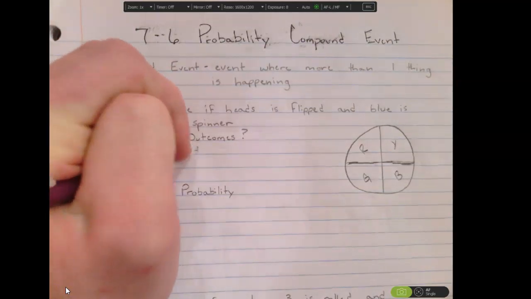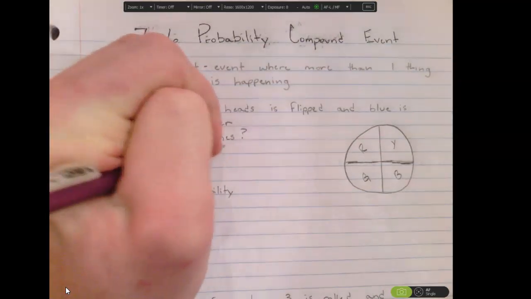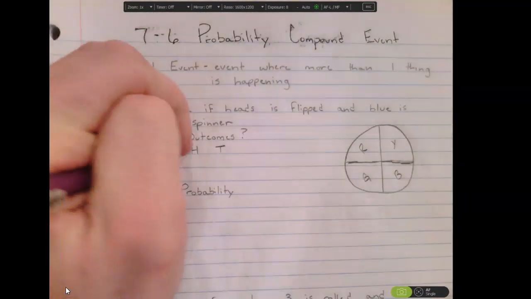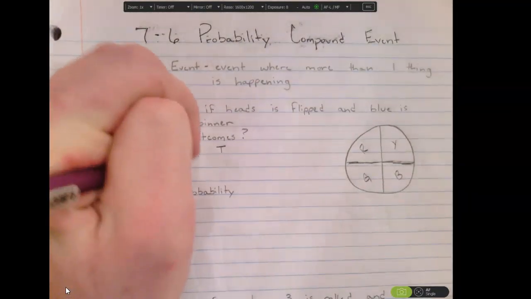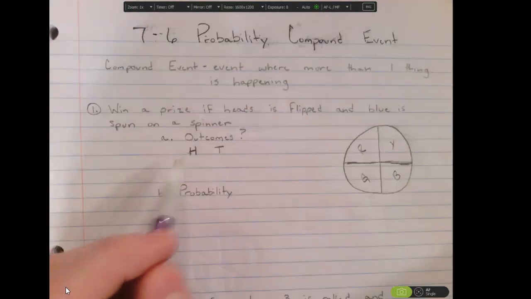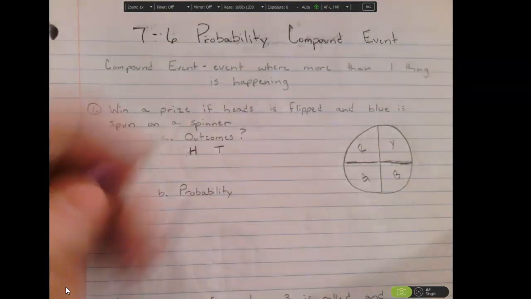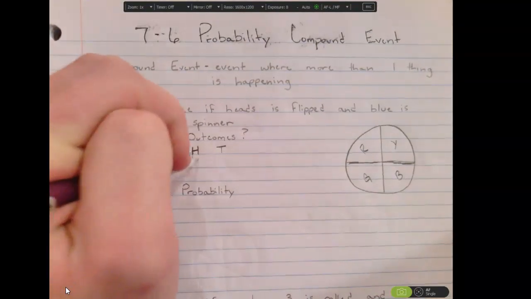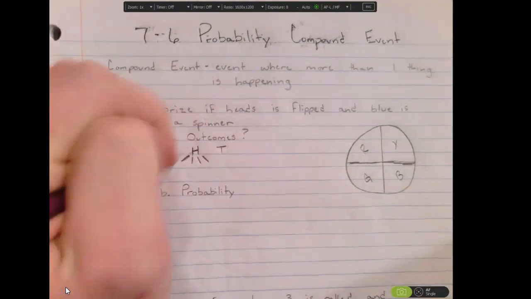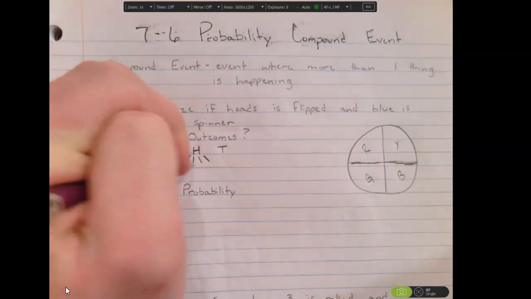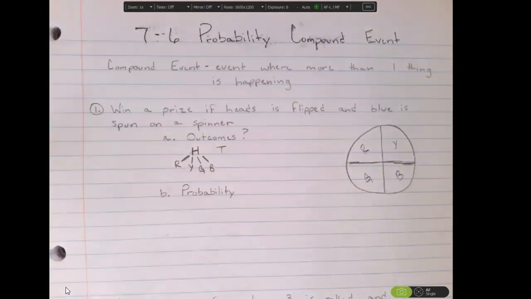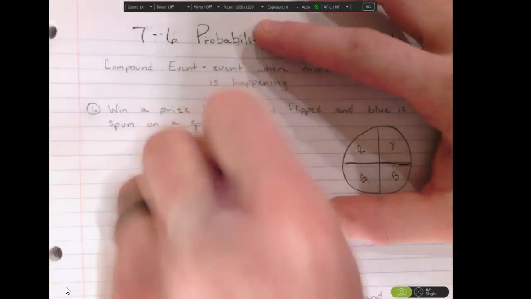If I were to flip a coin, I could go heads or tails. So I need to start with my first two options. From there, I could flip heads and then spin the spinner and land on red, yellow, green, or blue. I'm going to separate these a little bit, guys, so it's easier to see.